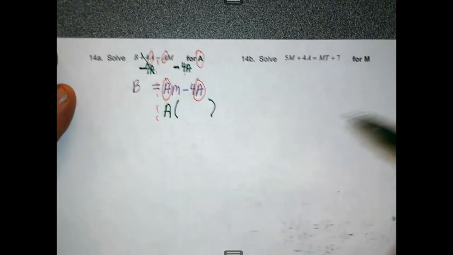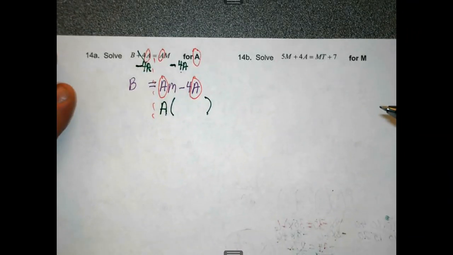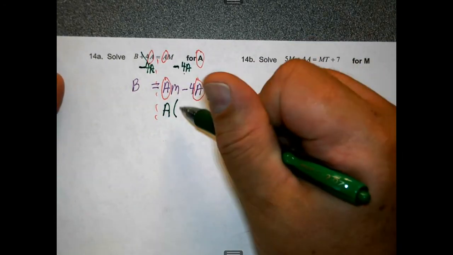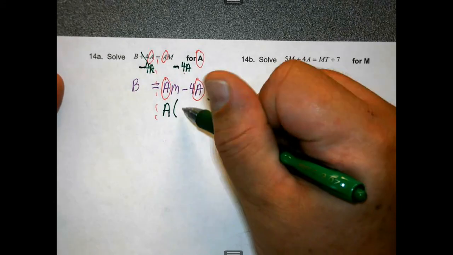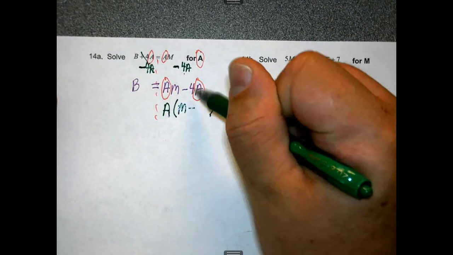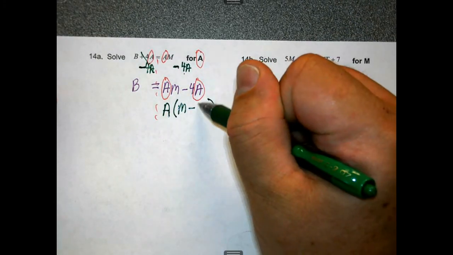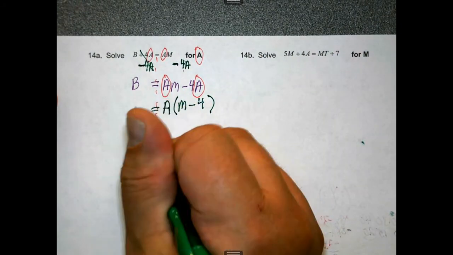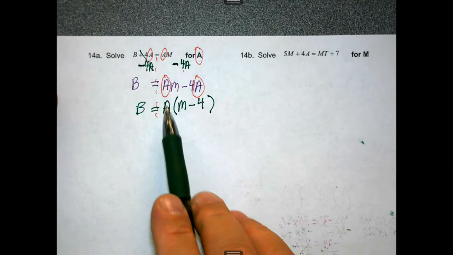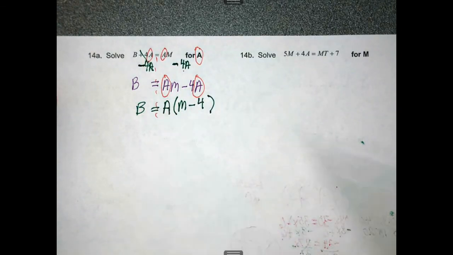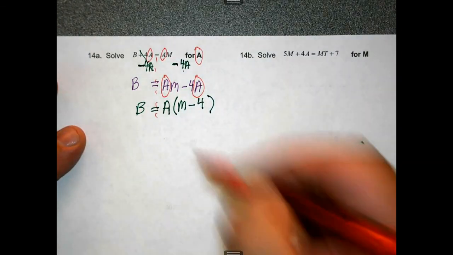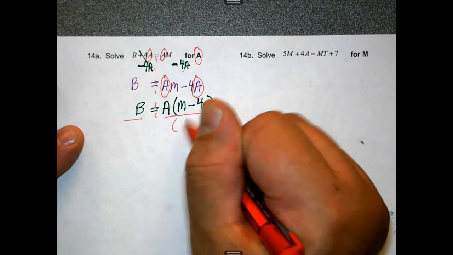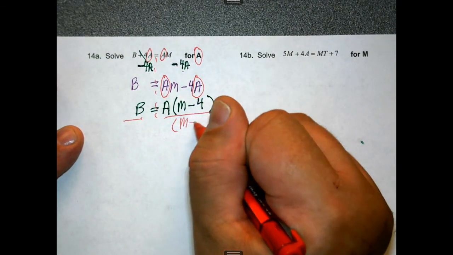That wonderful mathematical term that's not a mathematical term. Undistribute. am divided by a, good. m minus 4a divided by a, 4. I have a times m minus 4. Now that I have one term separated by multiplication, I can now divide by what I don't want, which is this number, the quantity m minus 4.